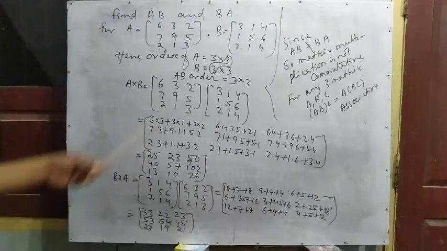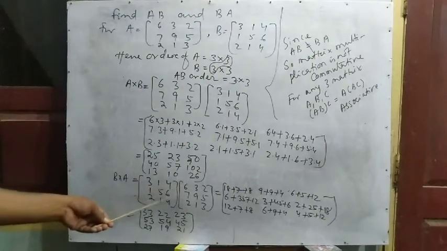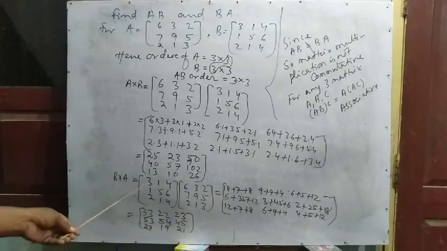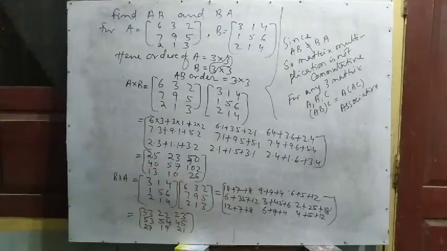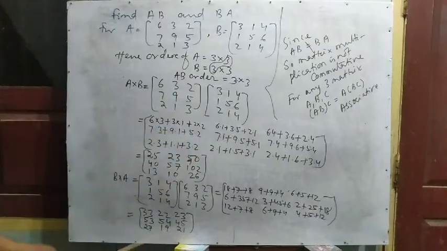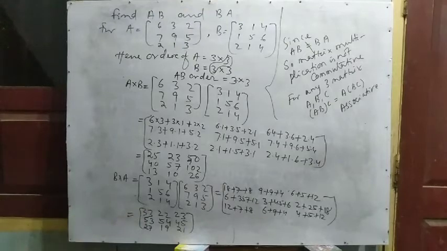So in a similar order, you multiply 3 1 4 with 6 4 7 2, then you get 18, 7 and 8, and then the first row with the second column, first row with the third column, and second row. In the similar way you multiply all of these and add, then you get 33, 22, 23, 53, 54, 45, 29, 19 and 21.